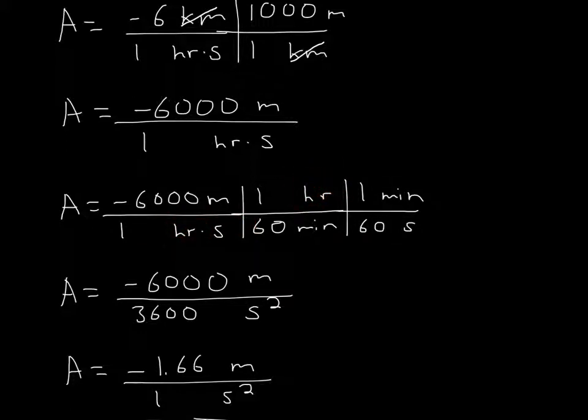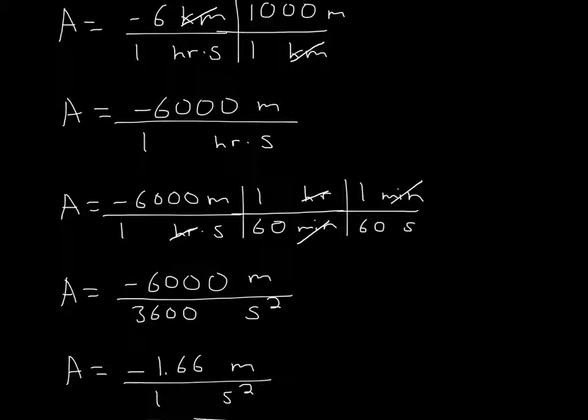And if you're multiplying units, it can still work. As long as one of them matches, you can cancel them. So here, hours times seconds, so hours and hours cancel. And here, minutes and minutes cancel. The diagonal units match, so they can cancel.